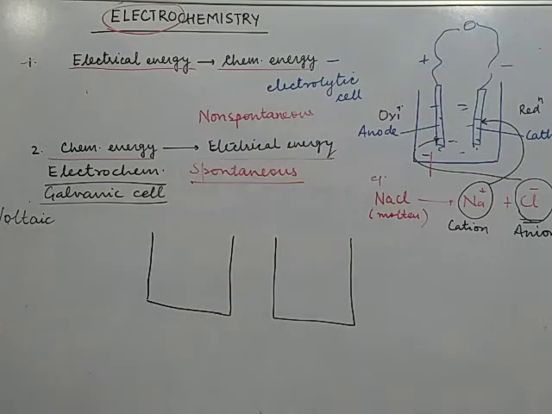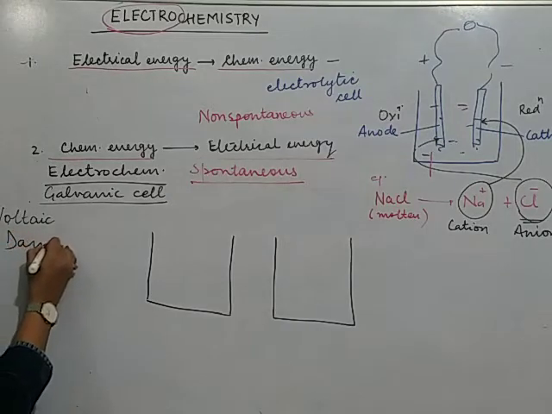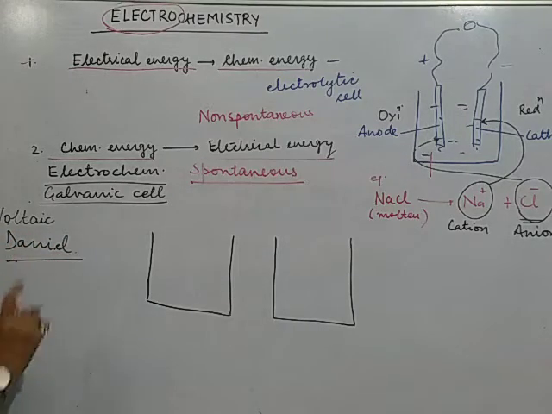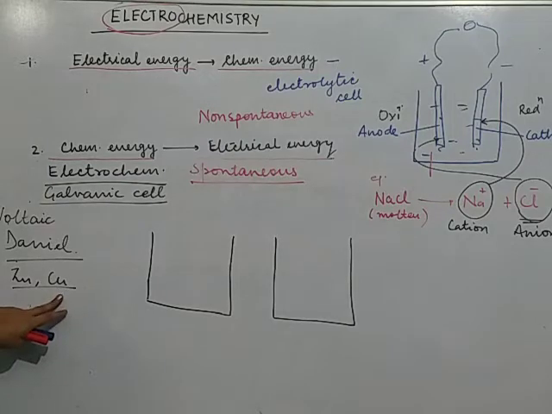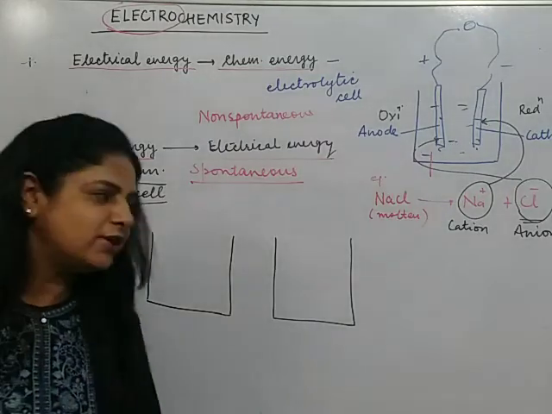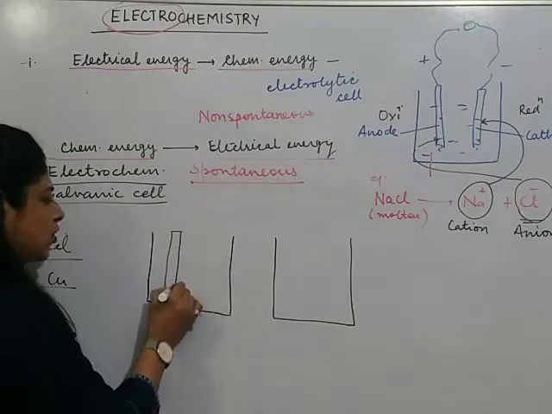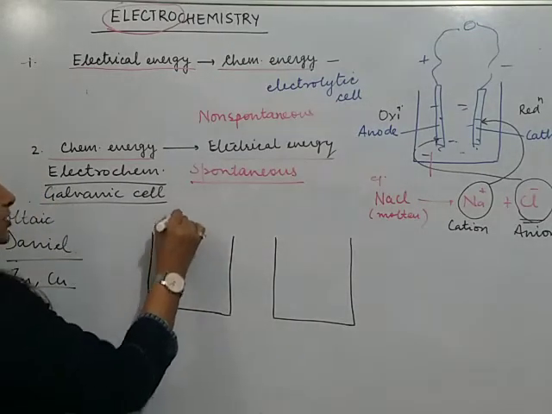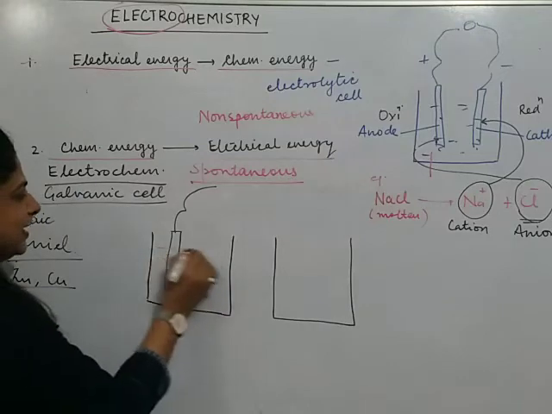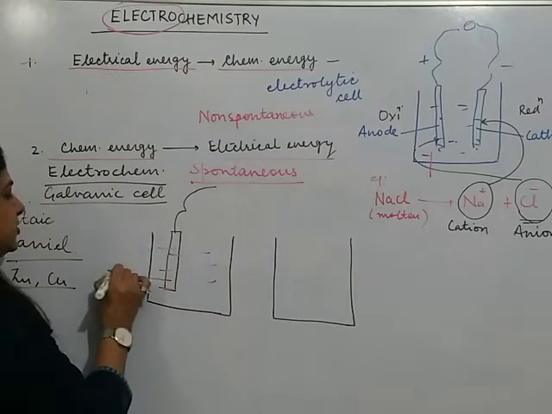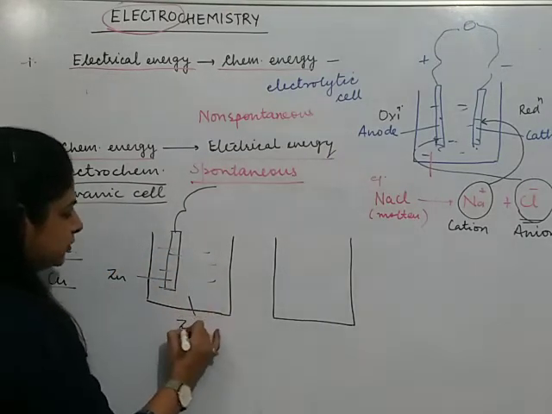Now let's take an example of voltaic cells, which is the Daniell cell. For the Daniell cell, we are going to use two metals, zinc and copper. Two metallic rods dipped in their corresponding salt solutions. So we have taken a zinc rod in this particular cell, and it has been dipped in zinc sulfate solution.